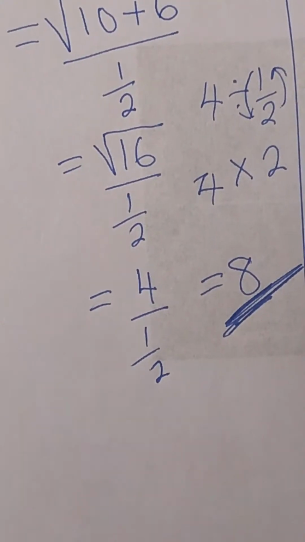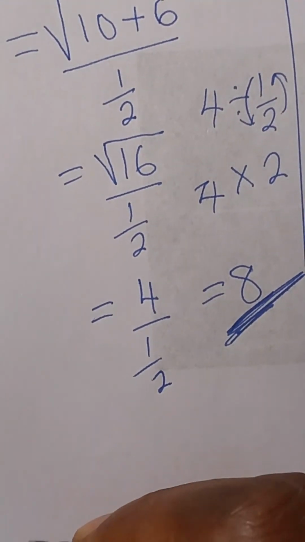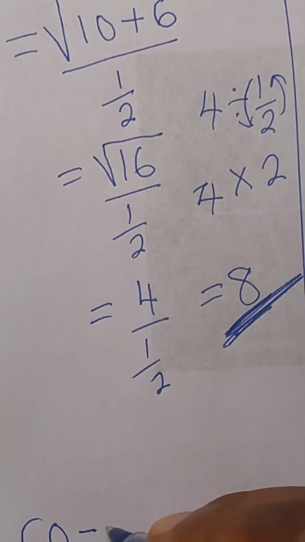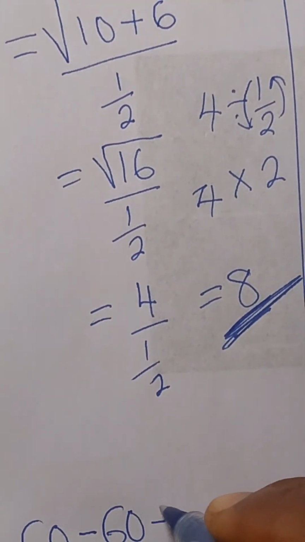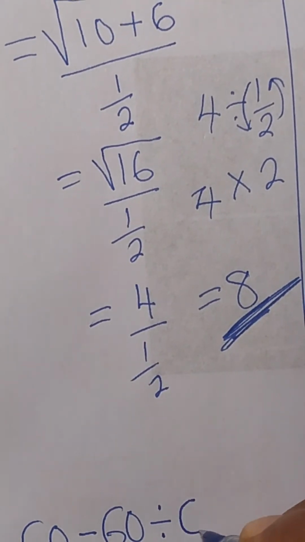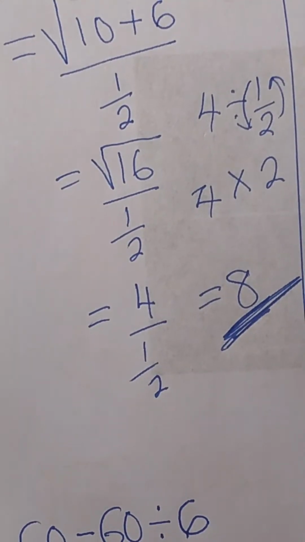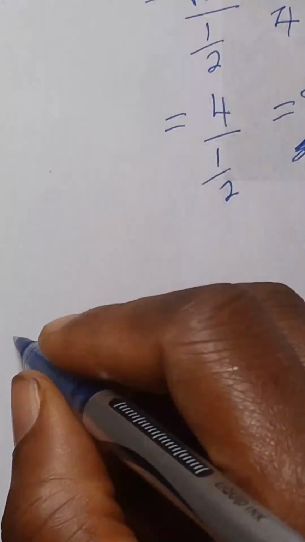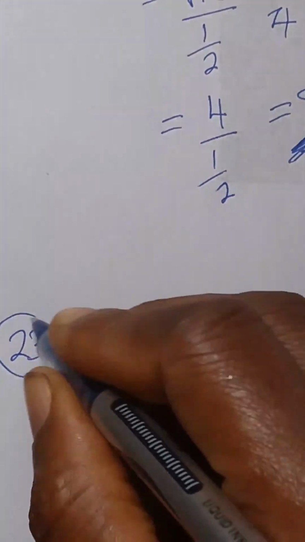Okay? So solve this. 60 minus 60 divided by 6 is equal to what? Please, everybody should solve this. This one is easy. Please solve question number 26.